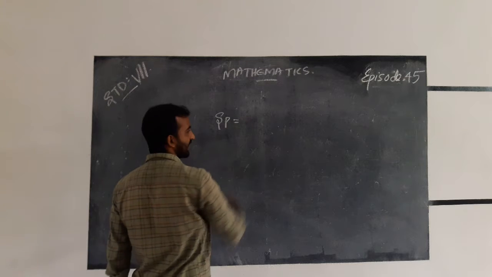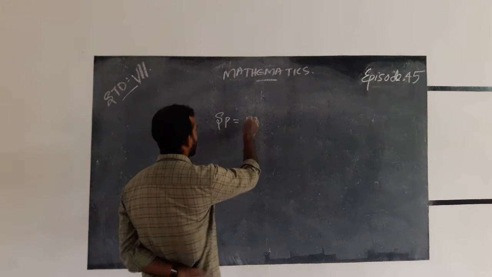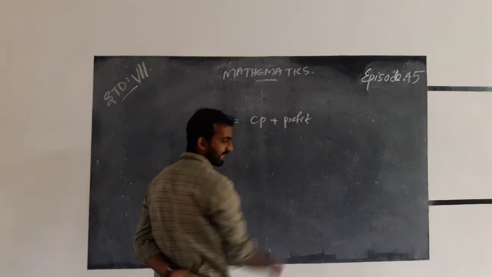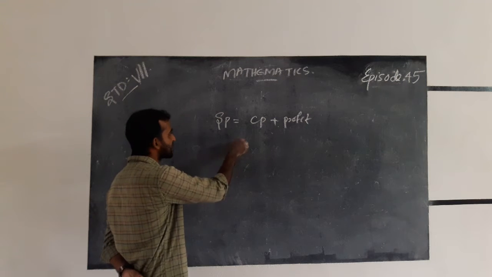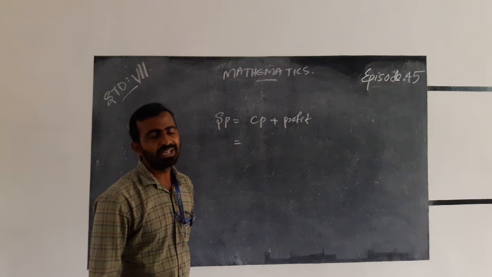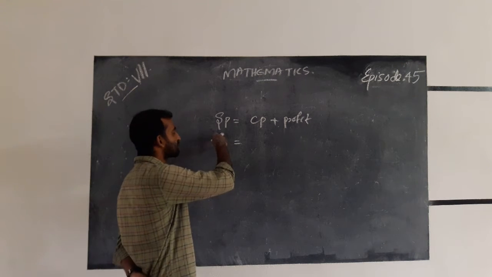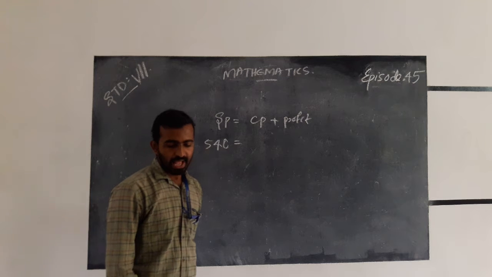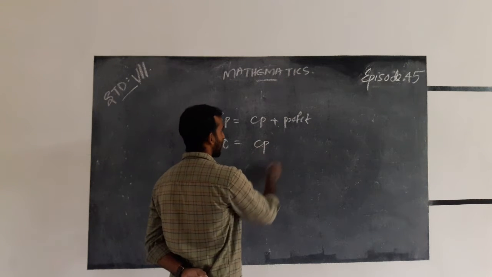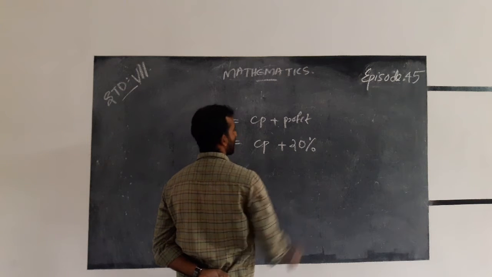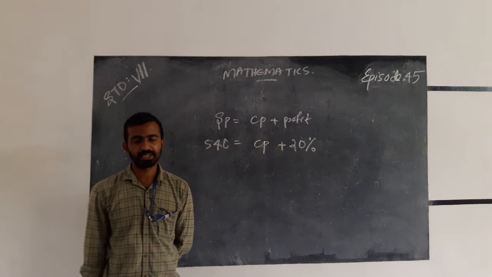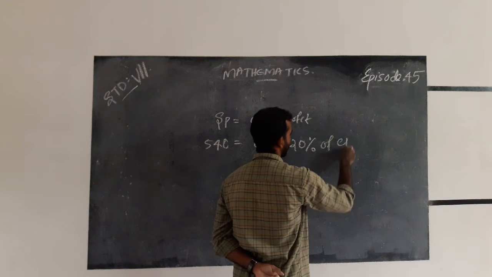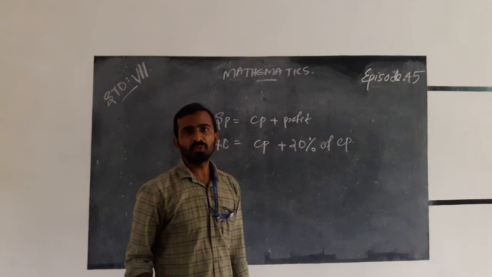CP we don't know. SP is 540, CP is unknown, and profit is 20%, that is, 20% of CP.